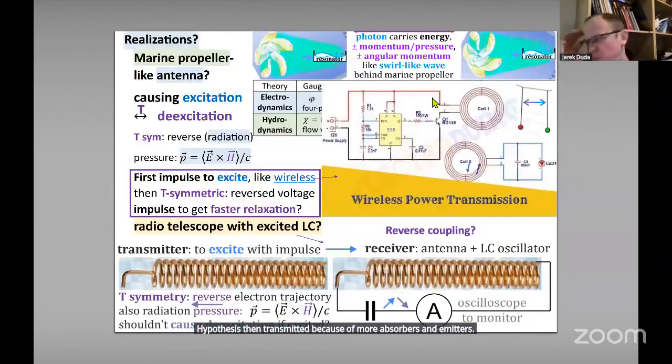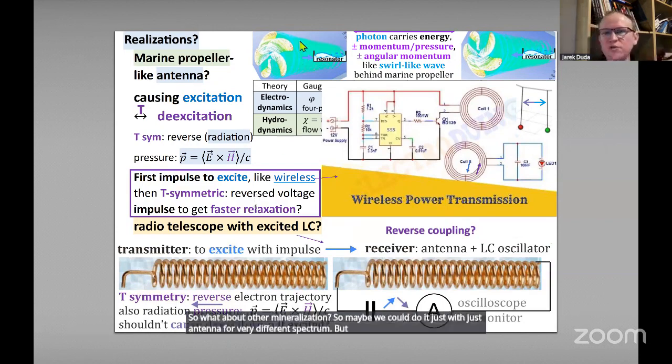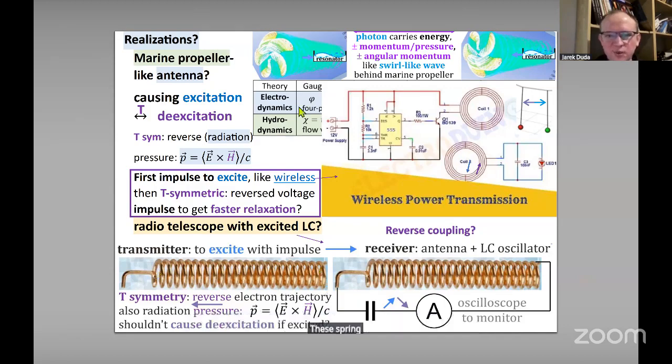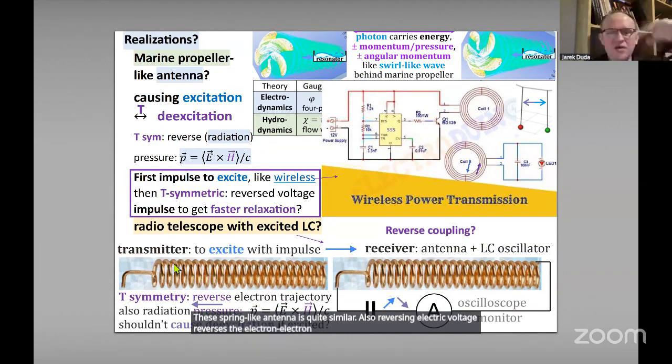So what about other realizations? Maybe we could do it just with an antenna for a very different spectrum. But the question is, could we make an antenna resembling this kind of marine propeller? I think this kind of spring-like antenna is quite similar. Also, reversing the electric voltage reverses the electron flow, so we should reverse the radiation pressure.